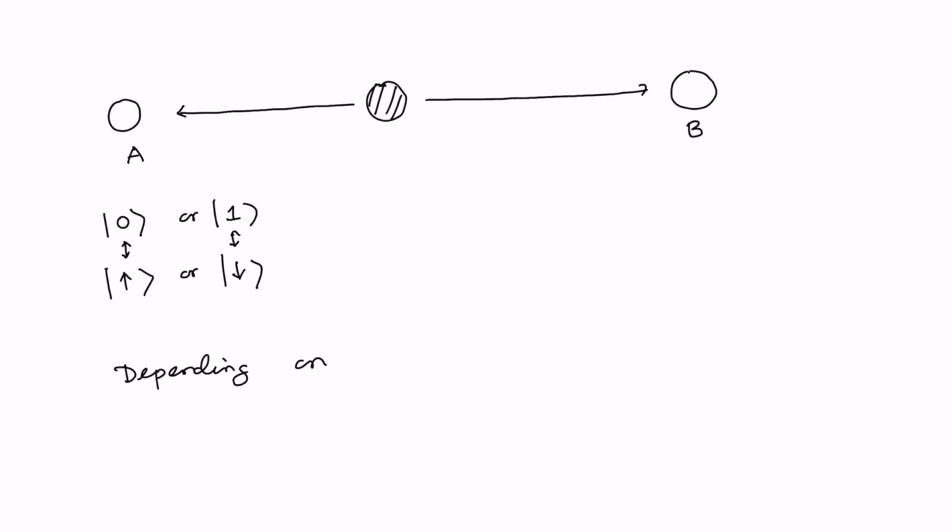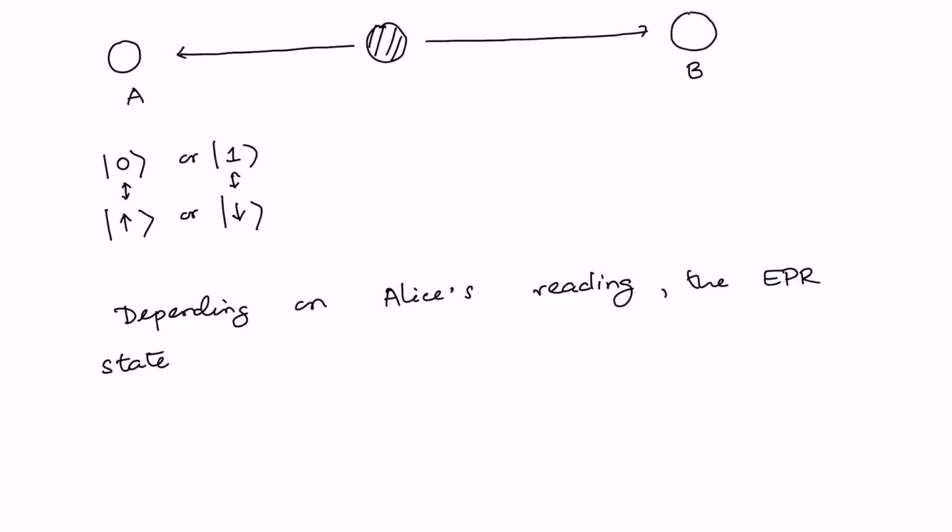Now, depending on Alice's reading, or Alice's measurement, the EPR state is going to collapse, or project, to 01 or 10.